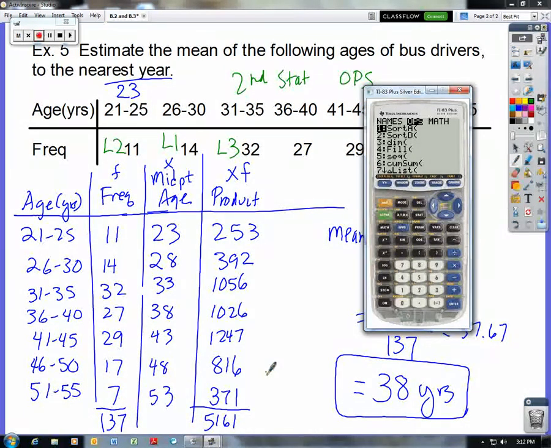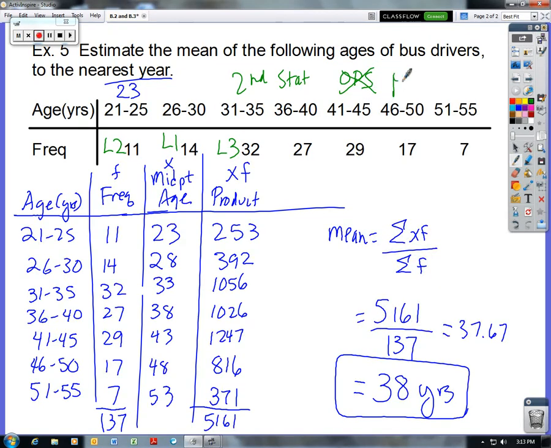And we want a sum, which is down here somewhere, I hope. Oh my goodness. What if I've told you wrong? Okay, it must be under math. You can see I'm rusty on this myself. Go over to math and then go down to sum. So math 5. Oh, so it's not ops. So we got to fix this. It's not ops, it's math. And then 5 for sum.